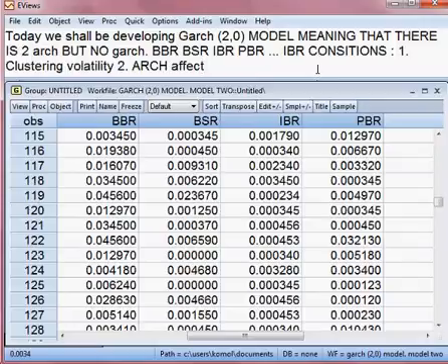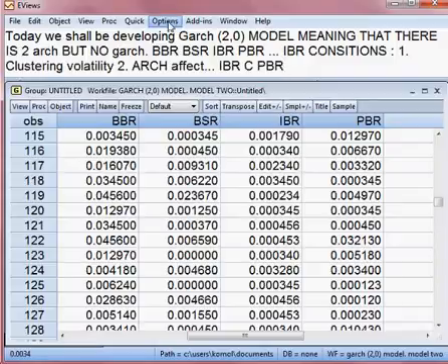So we proceed one by one. First we run the model. Suppose IBR is the dependent variable, then I take the constant and PBR. I run this regression model, IBR, C and PBR. Then we can check these two things: clustering volatility and the ARCH effect.